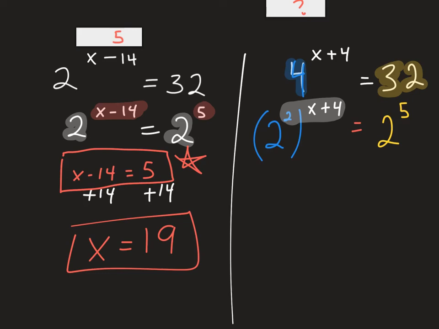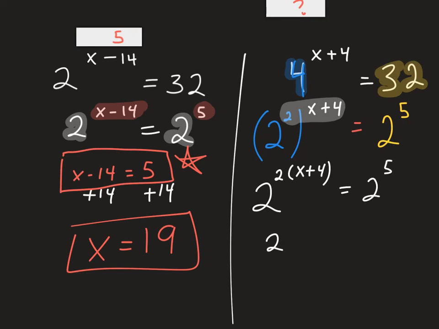So that's one of our exponent rules. When you have a power to a power, you multiply them together. So let's go ahead and think about what happens. So this is going to be 2 raised to the 2 times x plus 4. And times that entire thing of x plus 4. So we need to make sure that it's in parentheses.